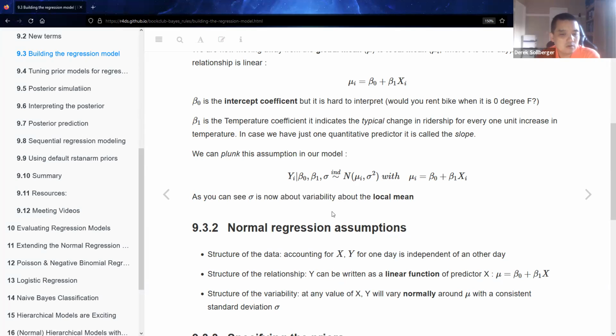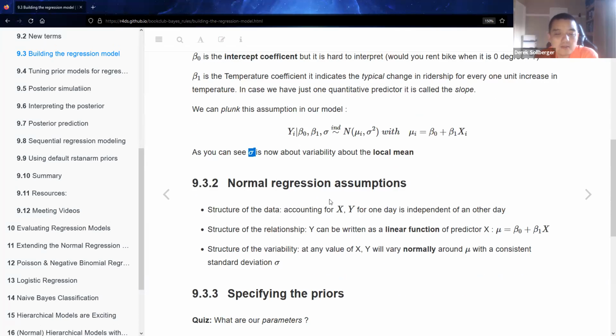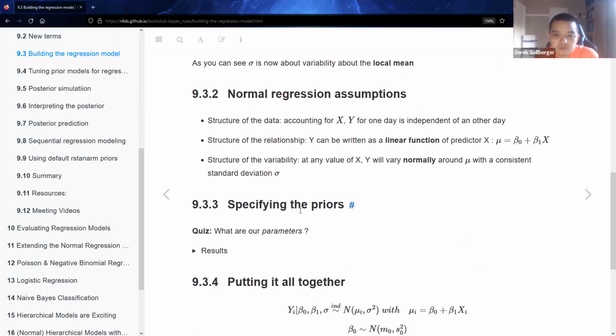Also, the way we view sigma, the standard deviation, is variability around the local mean. Typo, that should have been sigma squared. But once again, assuming independence, assuming a linear relationship, and assuming that the variability will also have a normal distribution.